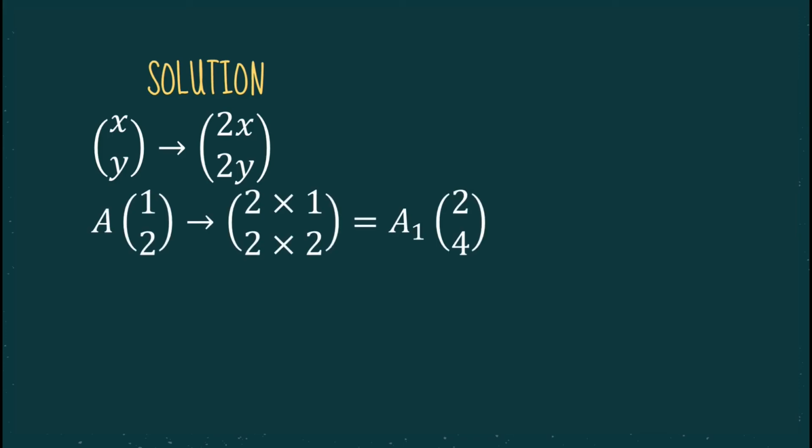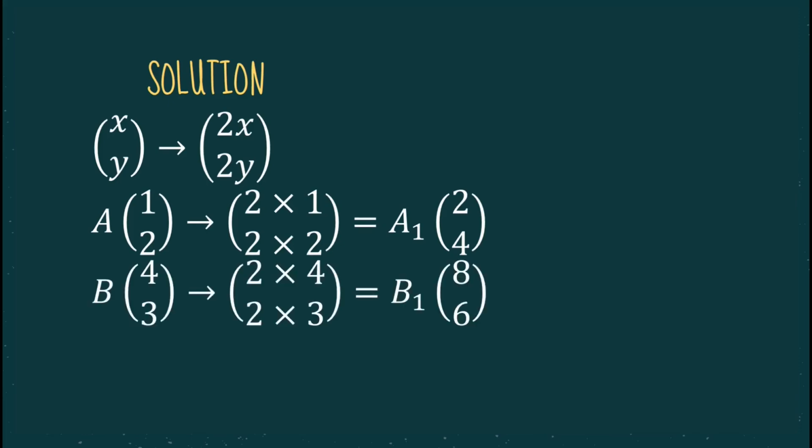Let's pick the first object point. The first object point given in the question is A(1, 2). So we are going to multiply the x coordinate, which is 1, and the y coordinate, which is 2, by the scale factor 2. So that produces 2 times 1, then also 2 times 2. And that gives the image point A1(2, 4).